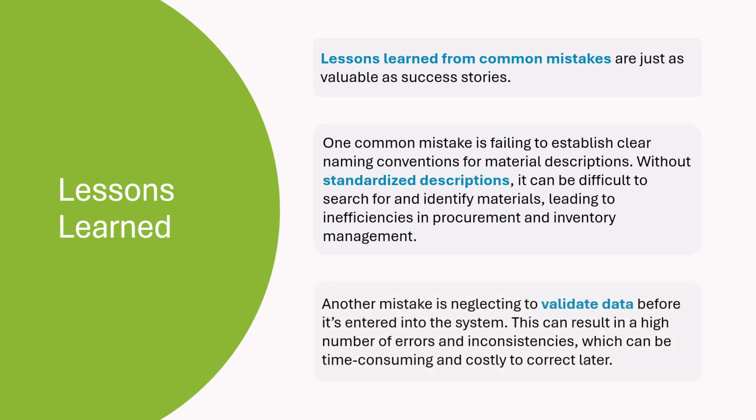Another mistake is neglecting to validate data before it's entered into the system. This can result in a high number of errors and inconsistencies, which can be time-consuming and costly to correct later. By learning from these mistakes and implementing best practices, you can avoid similar pitfalls in your own organization.